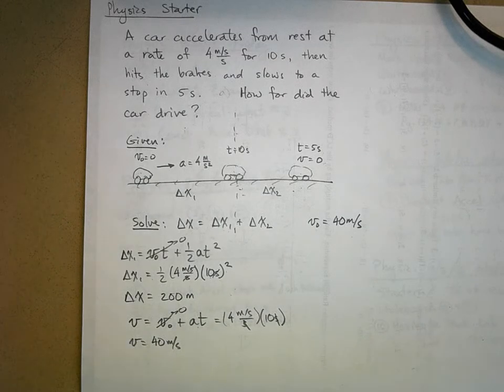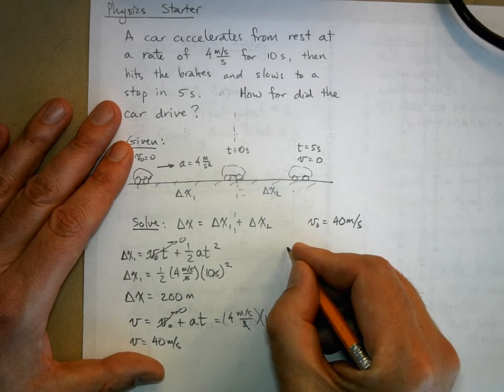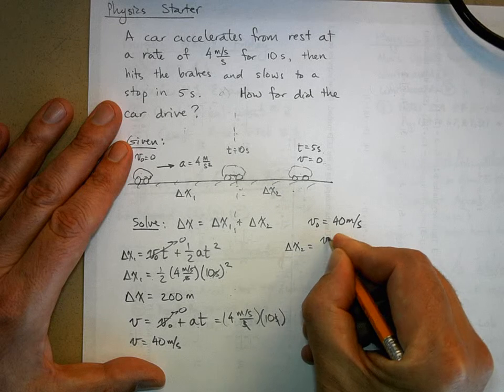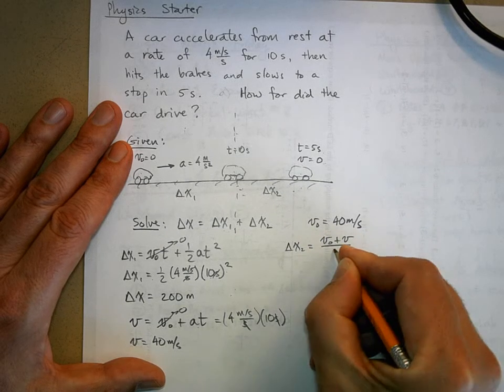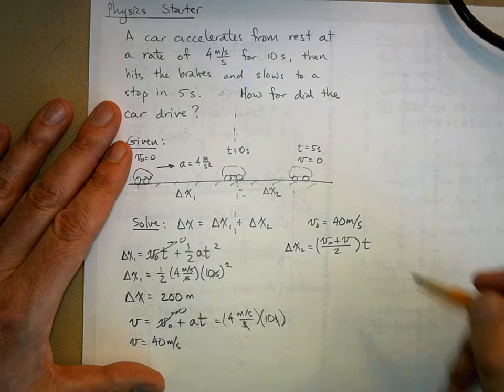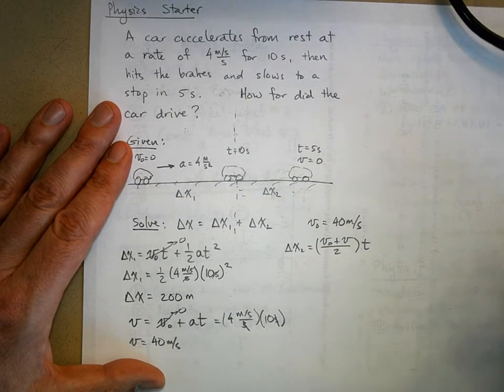But you're allowed to have an equation list when you're working these problems. So use it. Use that little chart I gave you. It'll help you find the right equation to use. And so you say, okay, well, delta x2 is equal to v naught plus v over 2 times time. So make sure that you always write down what equation you're using before you plug numbers in. That way you can get lots of partial credit.